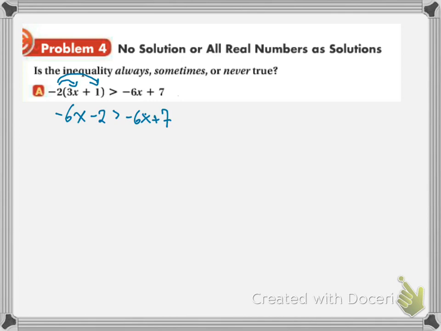Now I see on both sides I have a -6x, so I can cancel those out. Now I'm left with the statement -2 > 7. The value of -2 will never be higher than positive 7, so this is an example of an inequality that is never true.